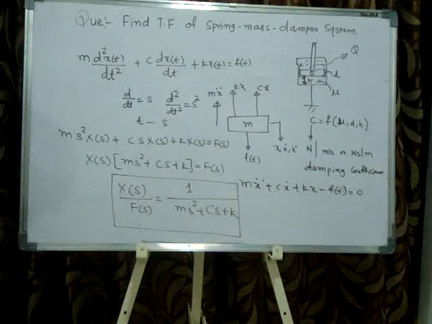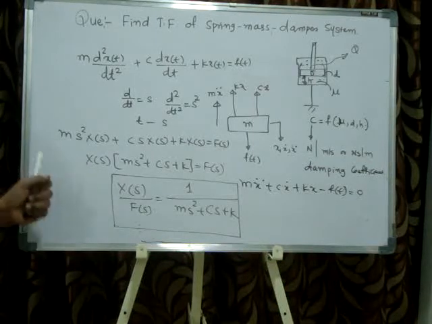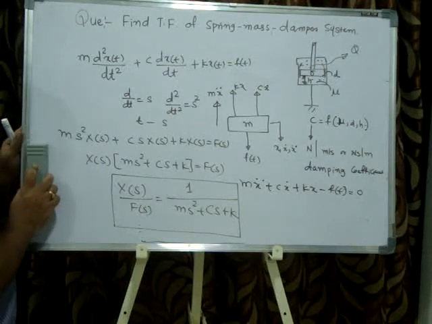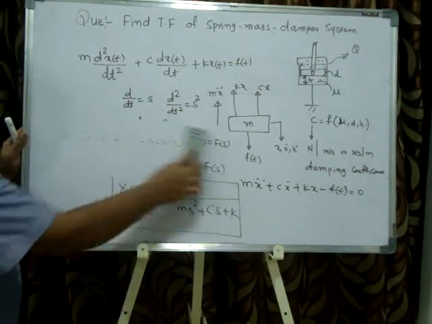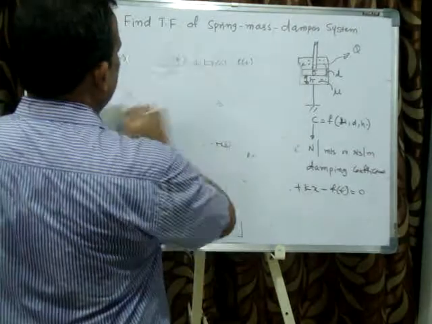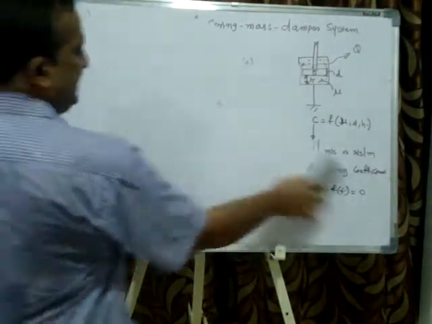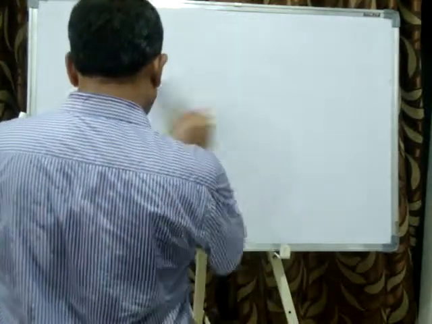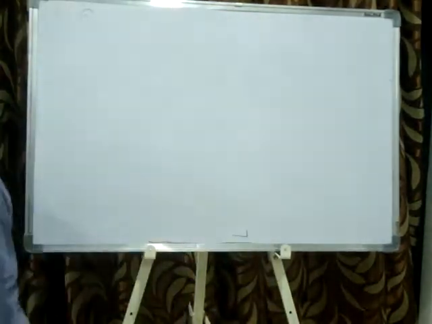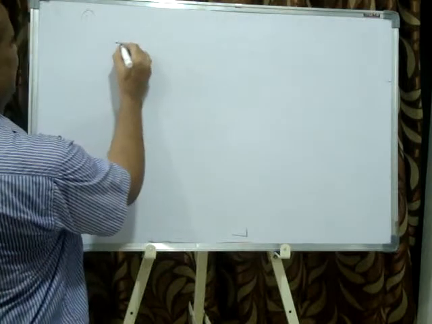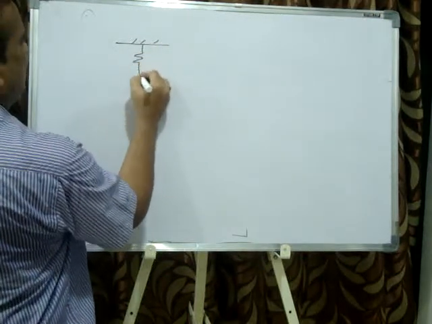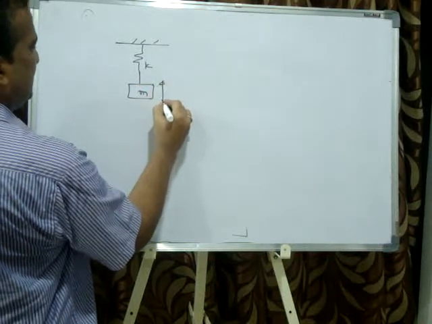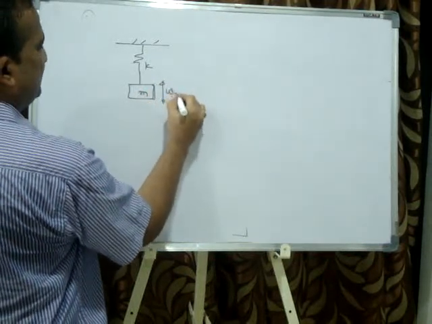And now I'll explain what is the difference between the spring-mass and the spring-mass-damping system. Very interesting: what happens exactly in the spring-mass system when it oscillates with omega n.